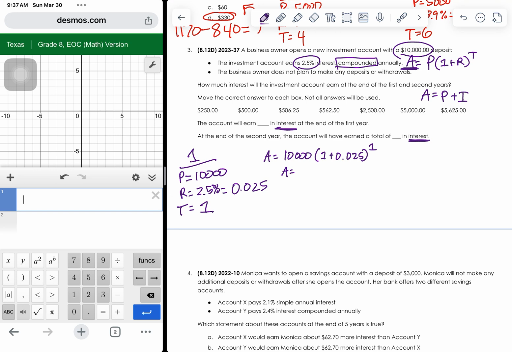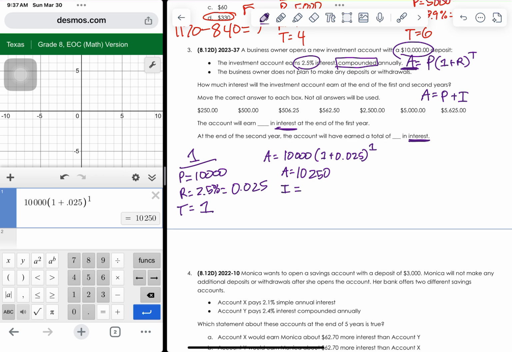The account balance at the end of 1 year would be $10,250. How much interest did he or she earn if they started with 10,000 and ended up with 10,250? The difference is 10,250 minus 10,000 equals 250. So my interest after 1 year would be $250.